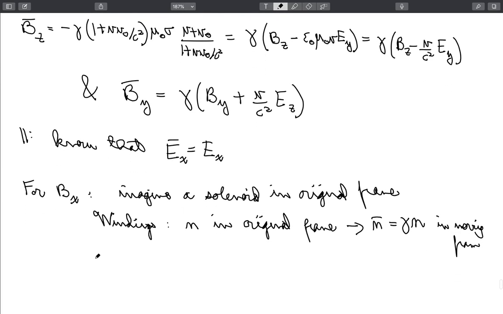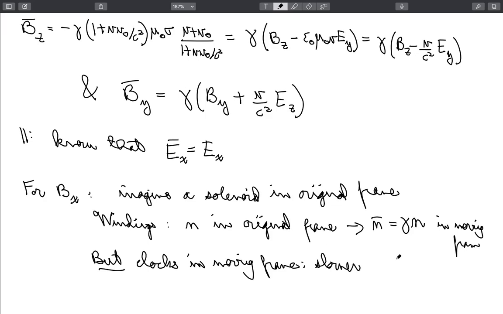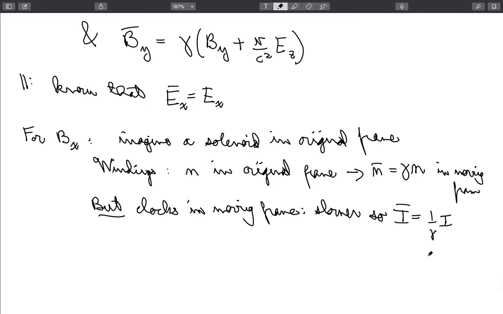Okay? But the clocks in the moving frame, they move slower by time dilation. So if I look at the current in the moving frame, it's going to be slowed down by a factor 1 over gamma as compared to the current in the original frame.